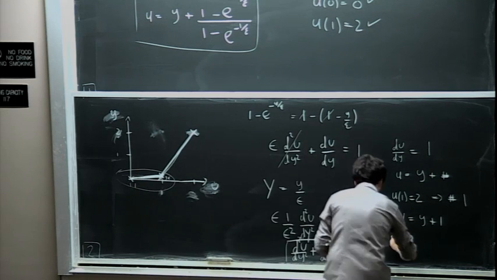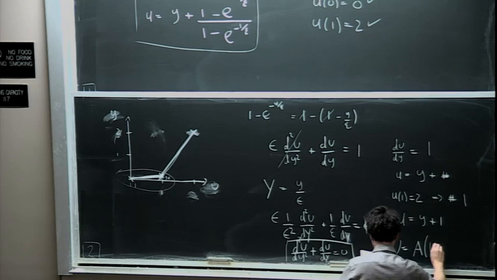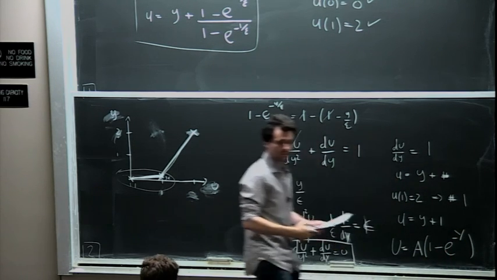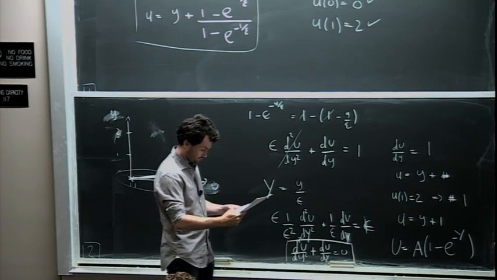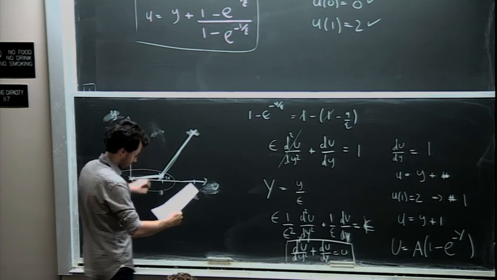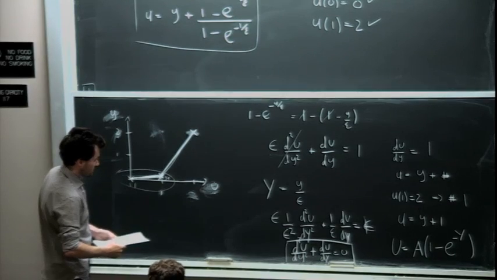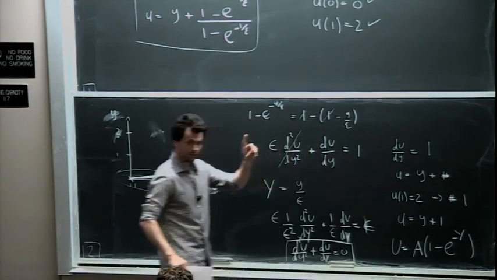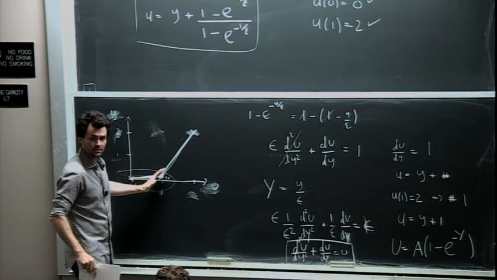So this is going to give us that u is equal to a times 1 minus e to the minus y. Okay. Can anybody tell me what boundary condition we should be using? The inner boundary condition. Okay. So the inner boundary condition is that as y approaches 1, we want to match the other solution, right?